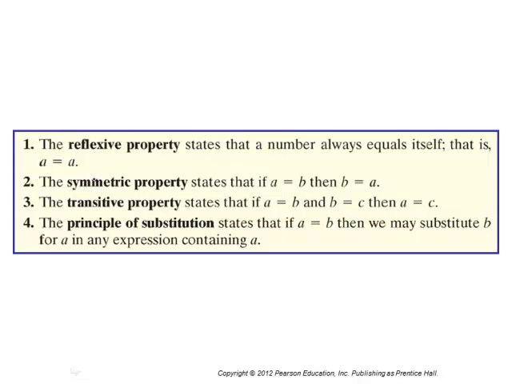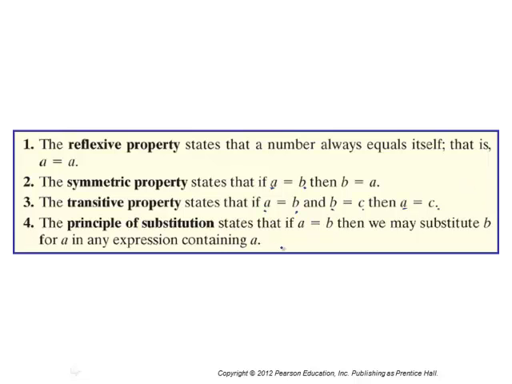Symmetric property says that if you have two numbers, A and B, and we say that A is equal to B, that means that B is equal to A. Pretty straightforward, right? So we're talking about the equality relation. Transitive property says that if A is equal to B and B is equal to C, therefore A must be equal to C.